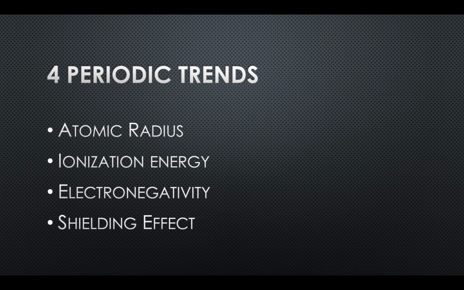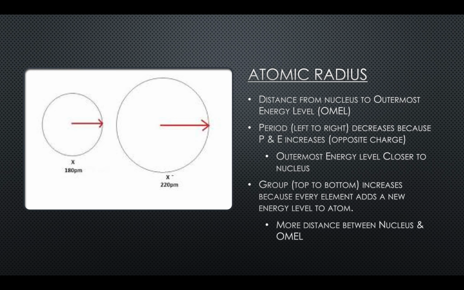Within periodic trends, we have four parts: atomic radius, ionization energy, electronegativity, and shielding effect. First is the atomic radius. If we look at the words, we are talking about an atom, and the radius from the center to the outermost valence energy level, the distance from the nucleus to the outermost energy level.